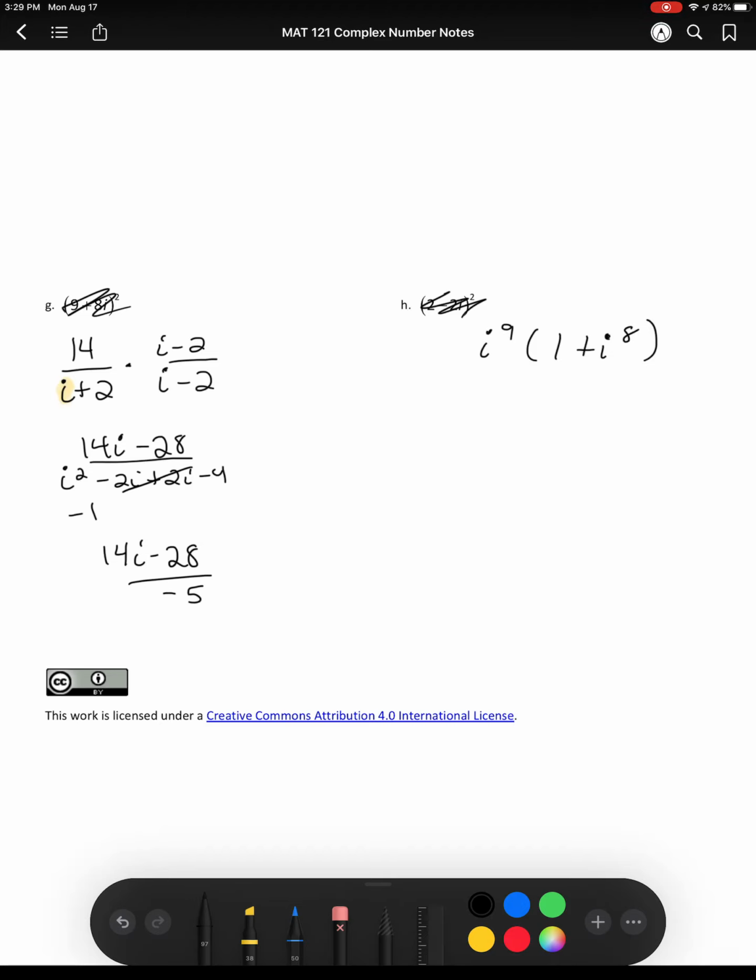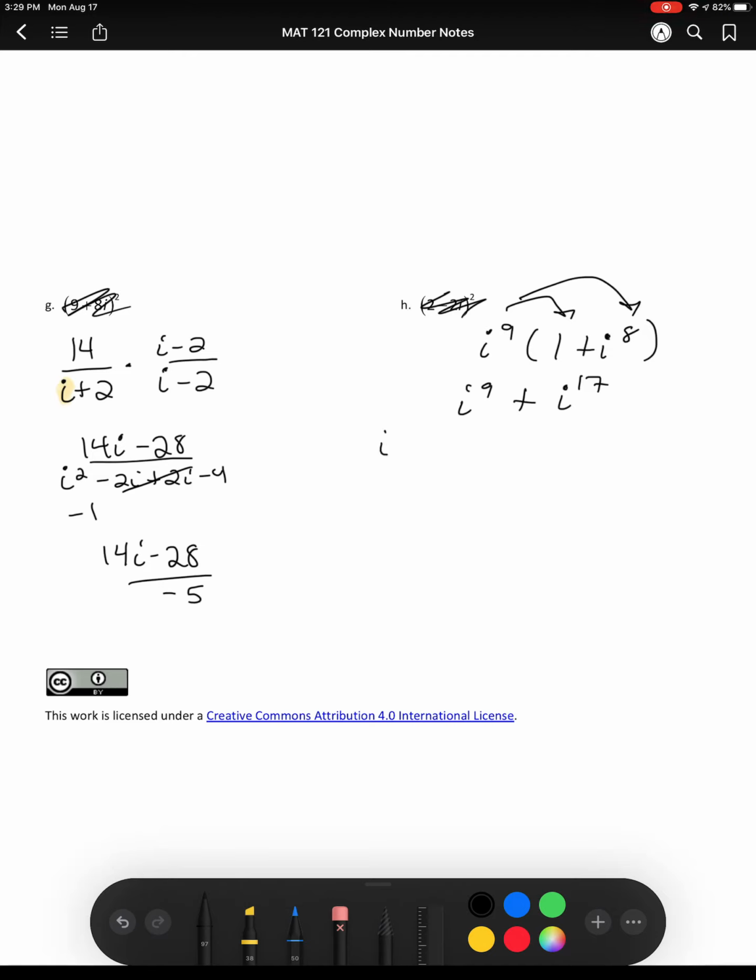And then H, i to the 9th power times the quantity 1 plus i to the 8th. We can distribute, and we get i to the 9th plus i to the 17th. Remember, when you multiply the base, you have to add the exponents. So we know that i squared is negative 1.